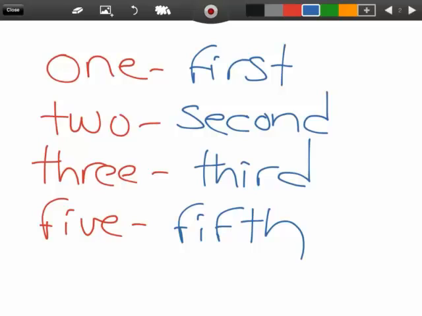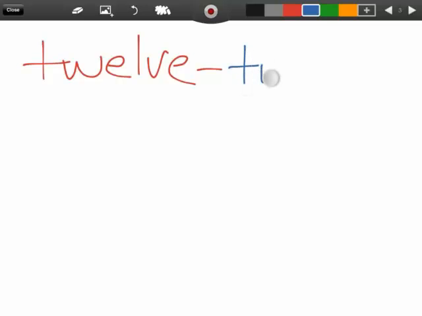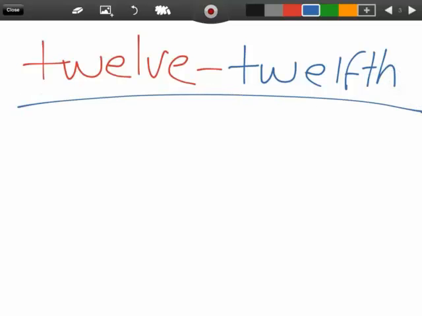For example, 8, you will write it out like this, eighth. For example, you have 12, you will write it out like this in an ordinal number, twelfth. These are very important, you guys, so make sure to memorize them.